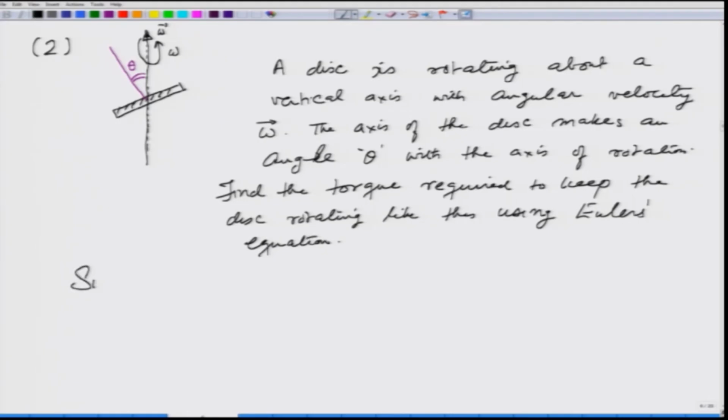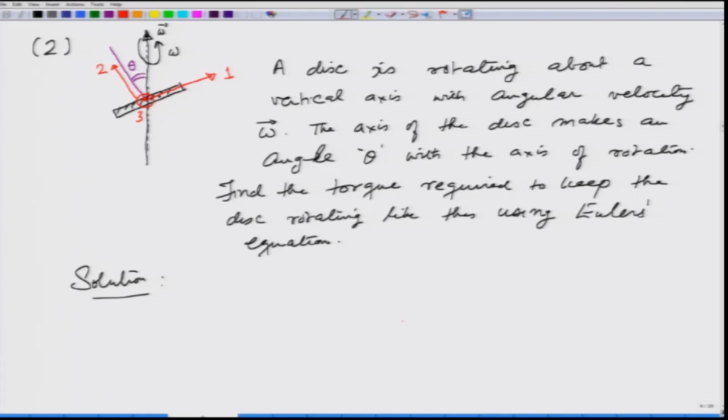So, solution: to apply Euler's equations, I first need to identify the principal axes. So, I am going to take axis 1 along one of the diameters, axis 2 perpendicular to the disc, and therefore, axis 3 is going to be coming out of the page at this position.